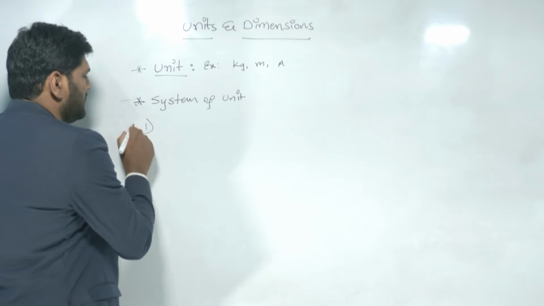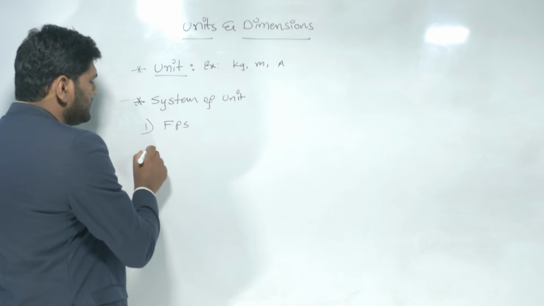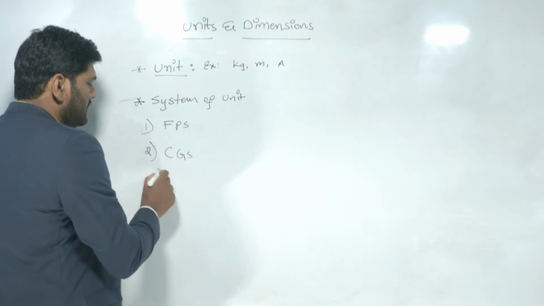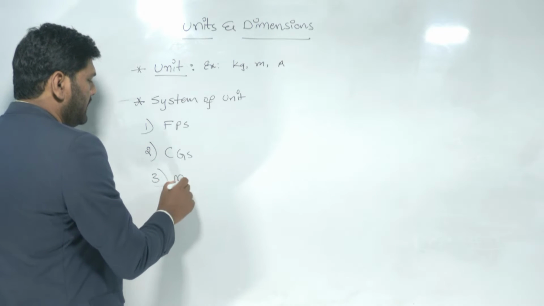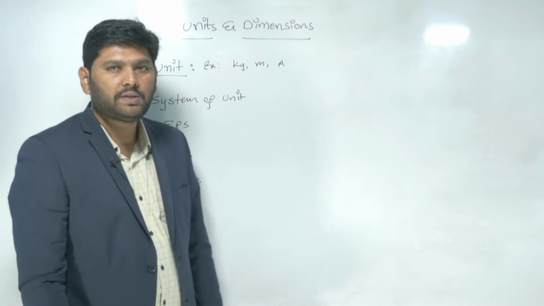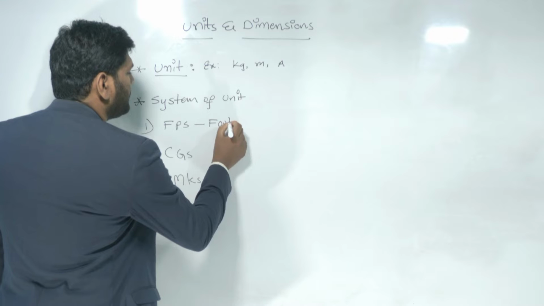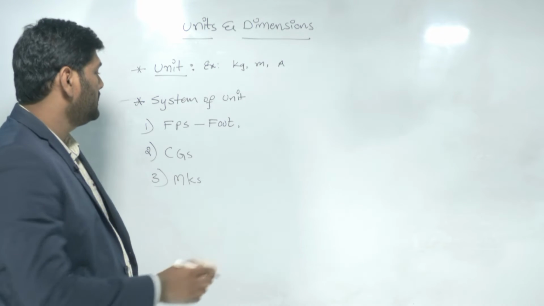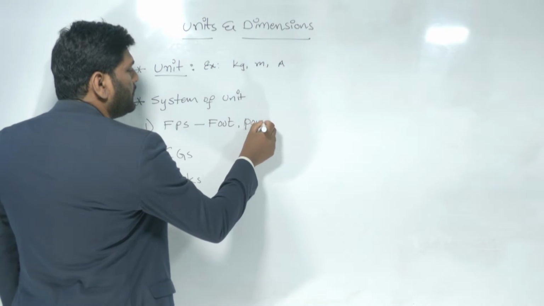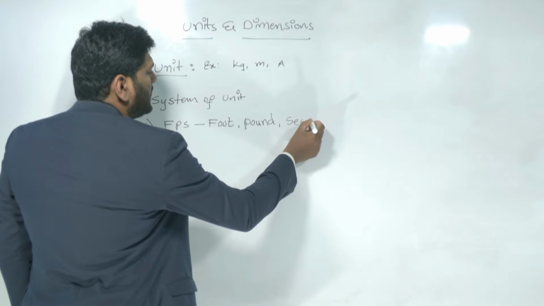The very first one is the FPS system, the second one is the CGS system, and the third one is the MKS system. Understand? In the FPS system, F stands for foot, P stands for pound, and S stands for second.